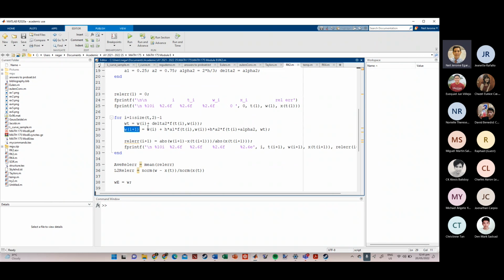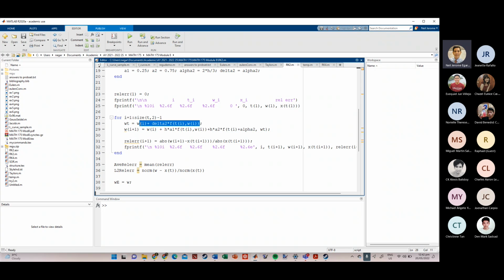Okay? So it's gonna be this formula nanggaling dun sa module: w_i plus h times a1 times f of t_i, w_i, plus h times a2 times f of t_i plus updated yung time value. We used the updated alpha 2, and then the y value is already updated because that is computed in the previous stage.